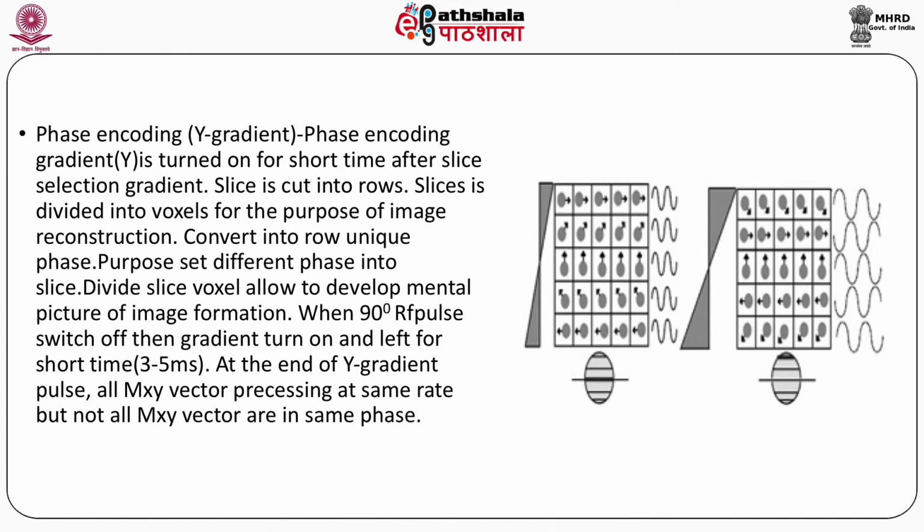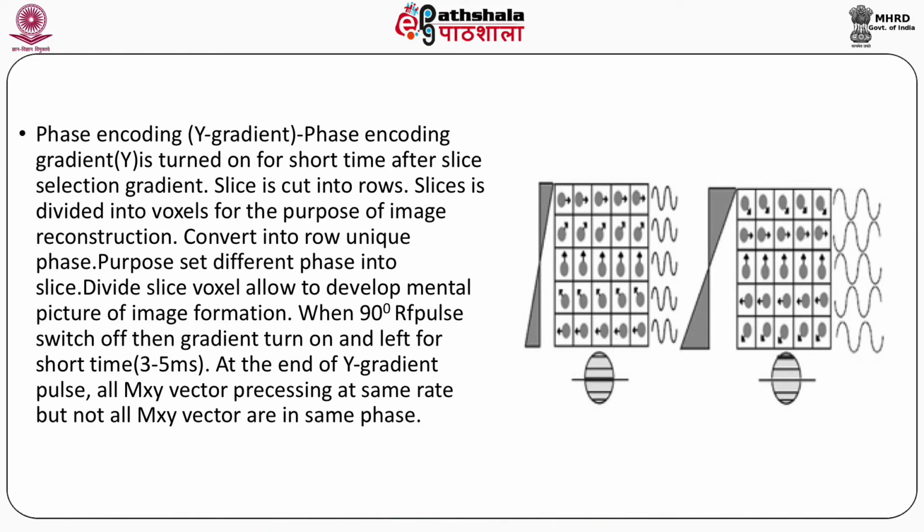The next step is to cut the slices into rows. The second is the phase encoding gradient. This gradient is turned on for a shorter period of time after the slice select gradient is on. The slice select gradient cuts the FOV into slices, and the phase encoding gradient cuts the slices into rows.